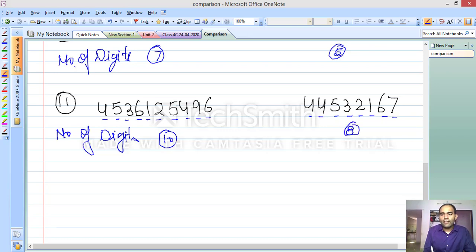This number has 8 digits and this number has 10 digits. So this number should be greater. Okay. Now you will ask, if the number of digits is the same, then what will we do? Okay, let's take one example and then we will see what we need to do there.